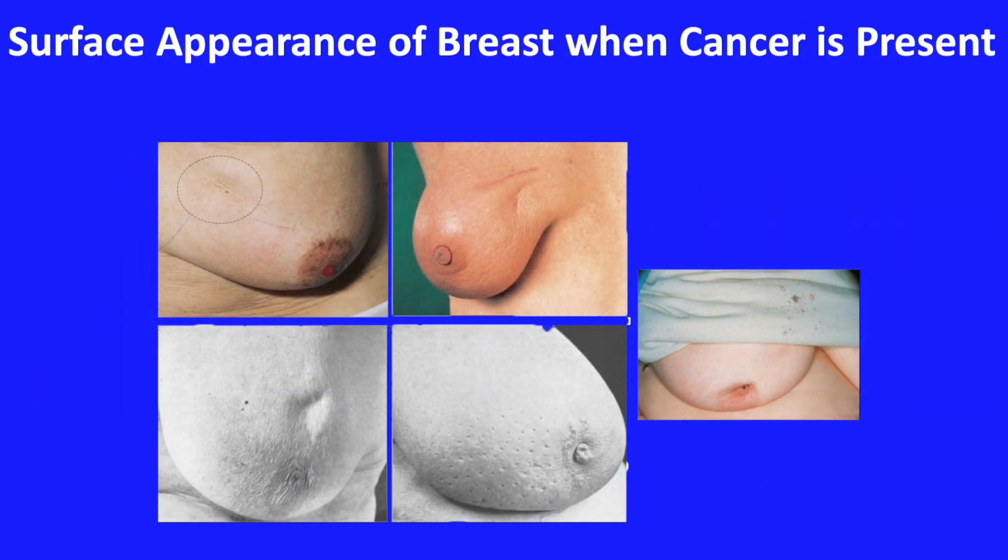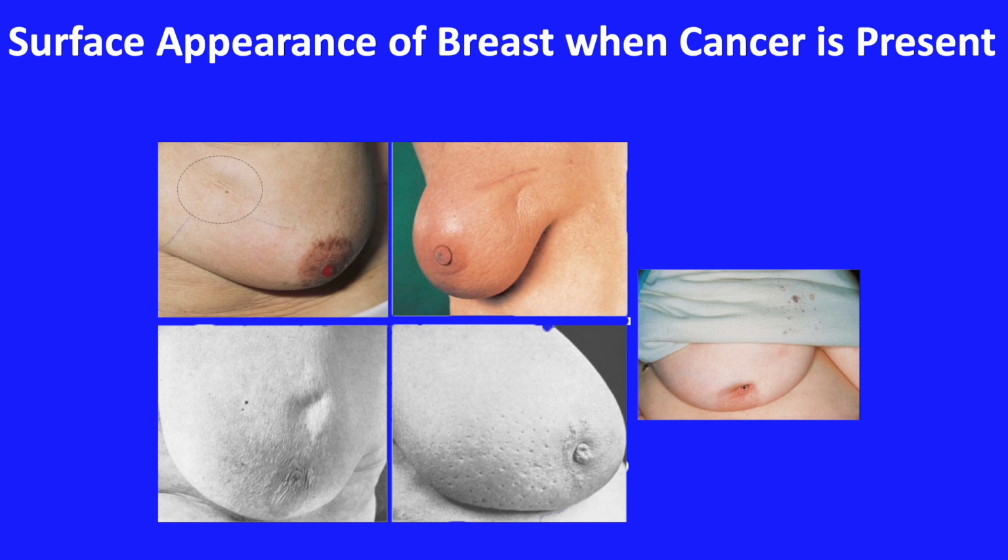That a patient is likely to be experiencing breast cancer can indeed be discerned from the appearance of the breast and understanding the anatomy of the breast just discussed, as well as the biology of the cancer itself.